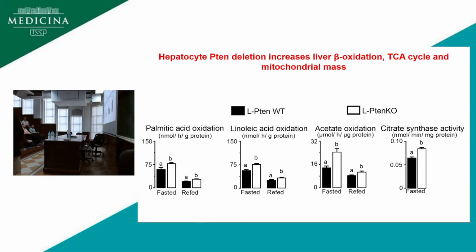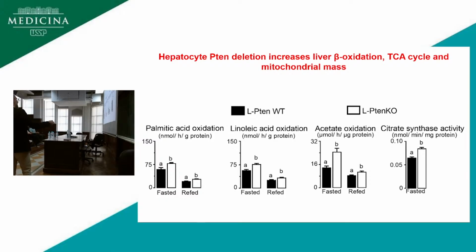So what we did next was to investigate whether this increased de novo lipogenesis was associated with a change in fatty acid oxidation, and we measured palmitic acid oxidation in the liver and also linoleic acid. We found an increase in both processes in the liver, even in refed conditions. We also found in the liver of these mice an increase in acetate oxidation, which indicates that the carbon flux in the TCA cycle is also increased.